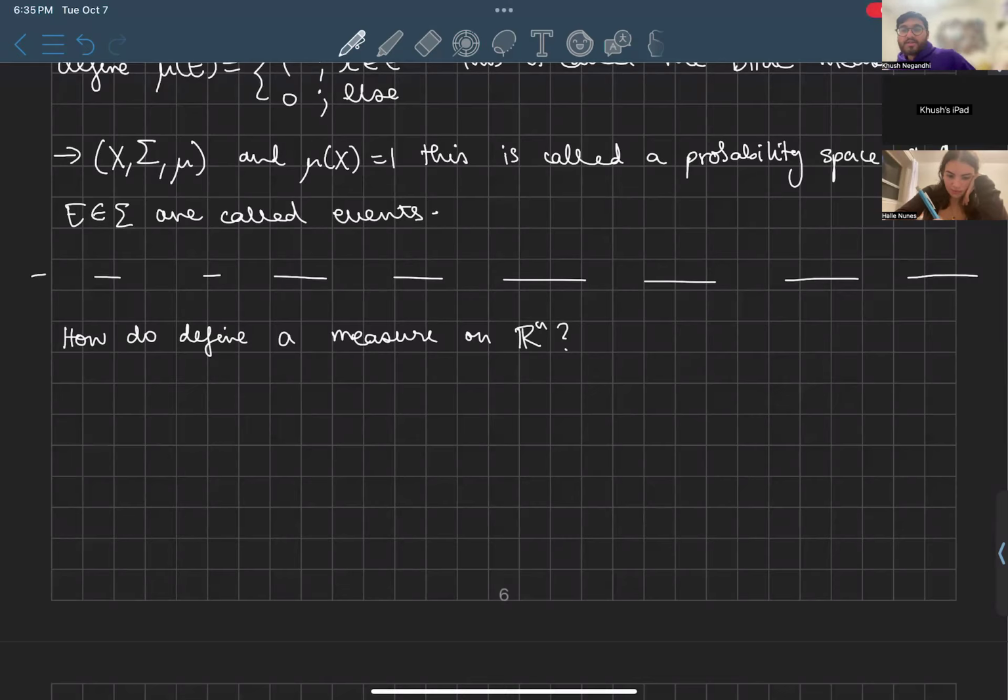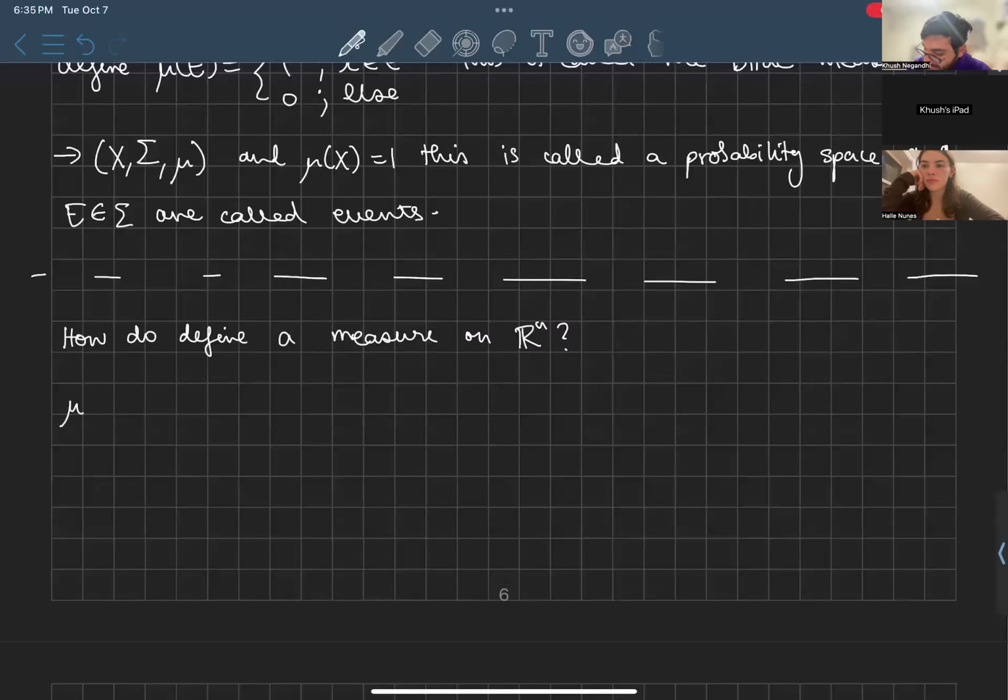Now one question you might have to ask is what sigma algebra are we working with? Right? The sigma algebra does play a big role. We know that the power set is a sigma algebra. So for now, let's just work with the power set and see if some things fail.